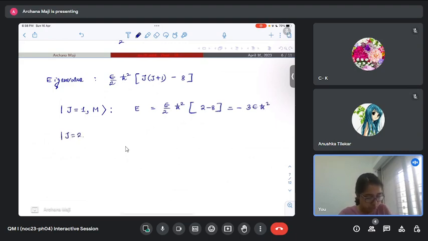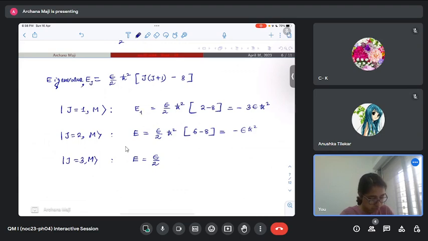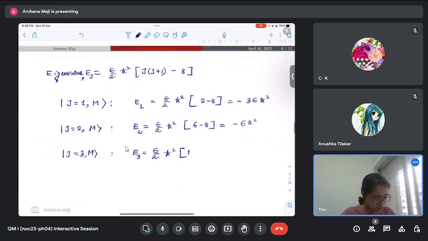For J equal to 2, E is epsilon by 2 h cross square times (6 minus 8), so minus epsilon h cross square. For J equal to 3, E is epsilon by 2 h cross square times (12 minus 8), which gives 2 epsilon h cross square.